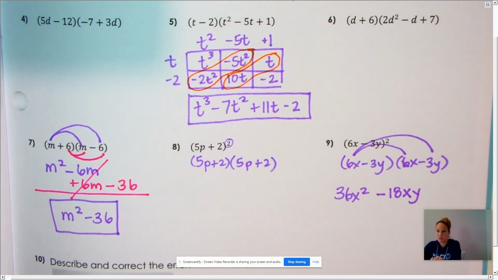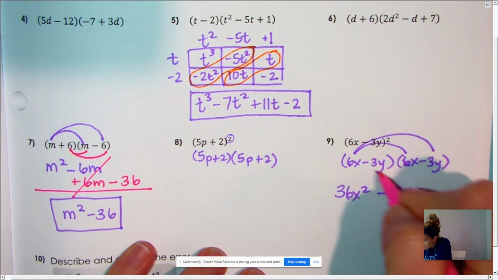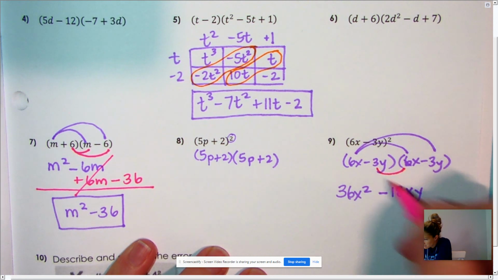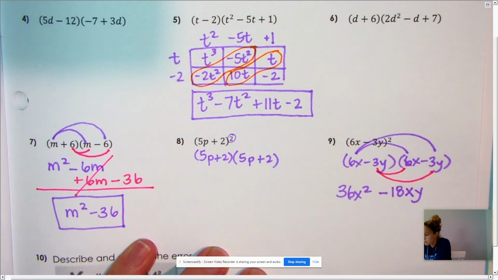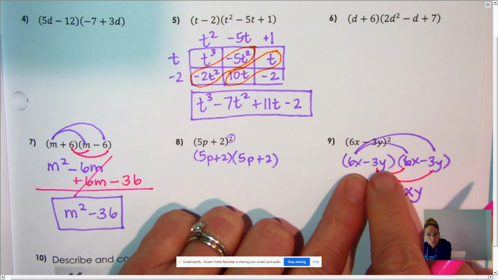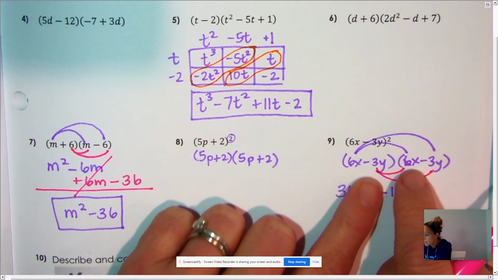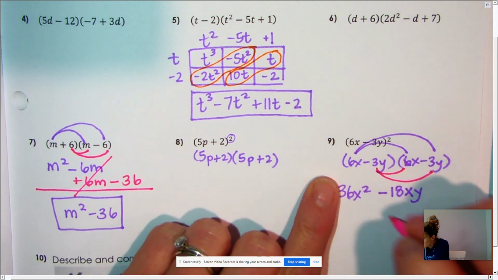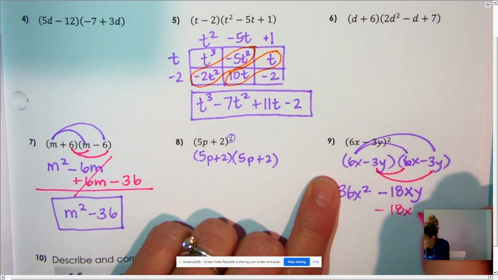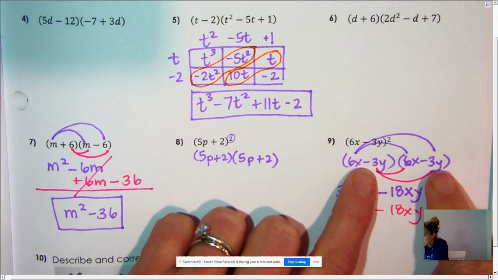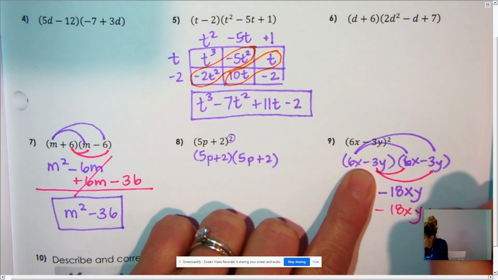Okay, so now I'm going to do the same thing with this. I'm going to take the negative 3y times 6x and also times negative 3y. So even though the y comes first here, we still write it in alphabetical order. So 3y times 6x is still negative 18xy. And then a negative times a negative is a positive 9y squared.